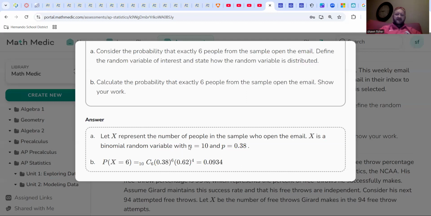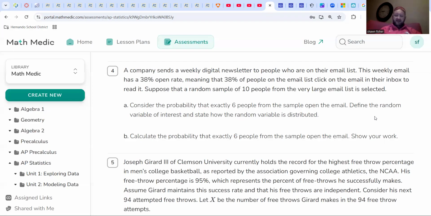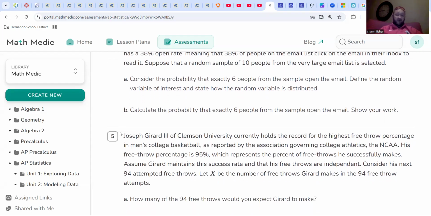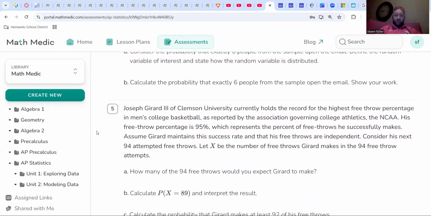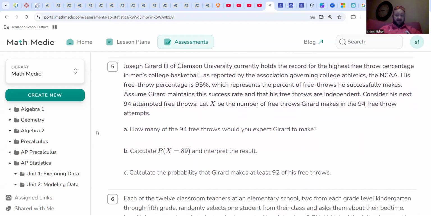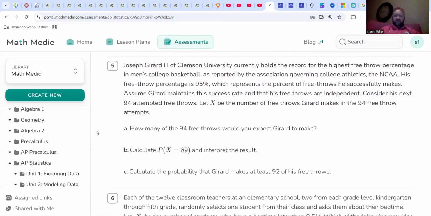And make sure, again, we include the number of trials and the probability of success. Hopefully you're understanding this and can get it kind of quick. What kind of distribution do we have here? So we talked about normal before, uniform before, even with discrete variables and bar charts. This is a little bit different.